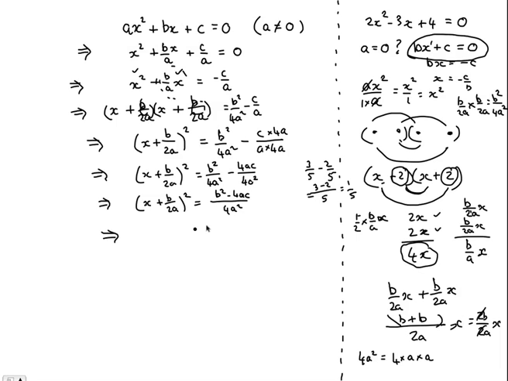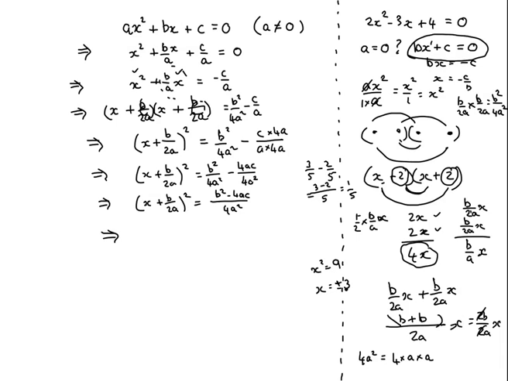Now this is interesting because on the left-hand side I have something squared, and on the right-hand side I've got a number in effect. When you normally have something like that, say for instance x squared equals 9, you can then proceed to say, well, x must be plus or minus 3. Remember, when you square negative 3, negative 3 times negative 3 does give you positive 9.